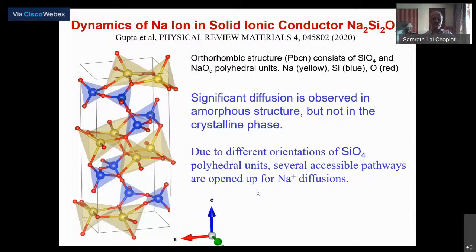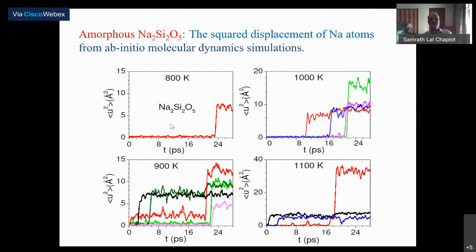What we actually identified is that because the structure is amorphous, the silicate polyhedra have a variety of different orientations, and that enables the sodium atoms to diffuse through them as you increase the temperature. This is because of the correlation with the neighboring orientations of silicates, and the overall amorphous structure enables diffusion.